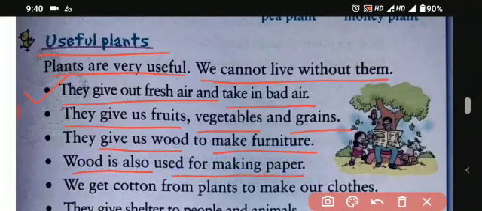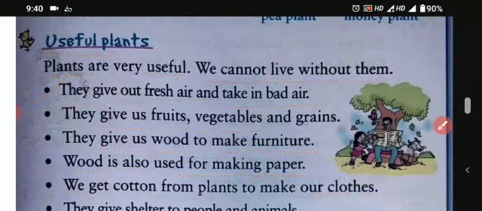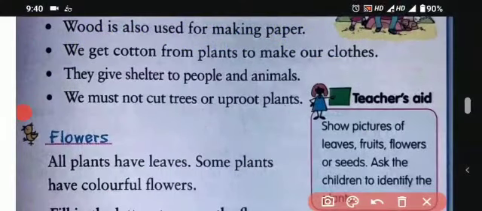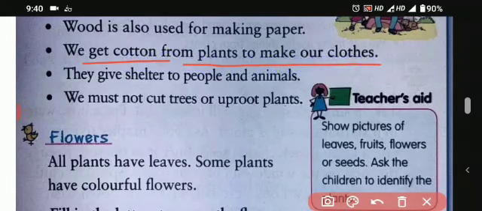The paper which we are using nowadays, we get from wood. So students, we get cotton from plants to make our clothes. Whatever clothes we are wearing, we get from the plants.